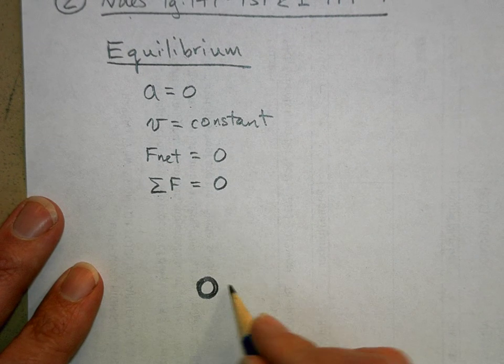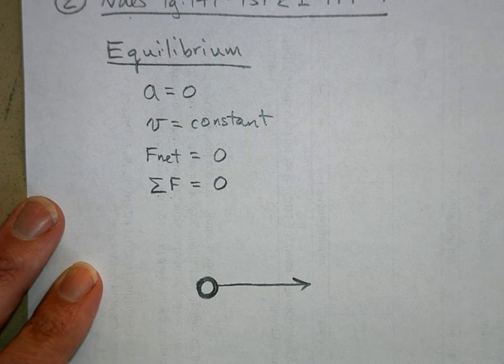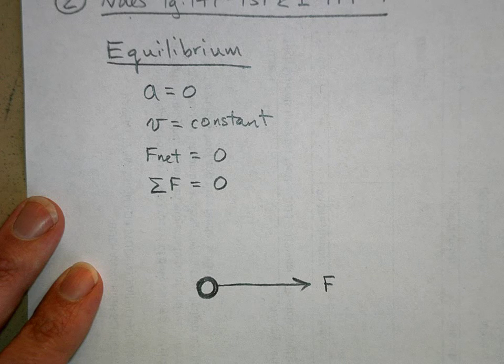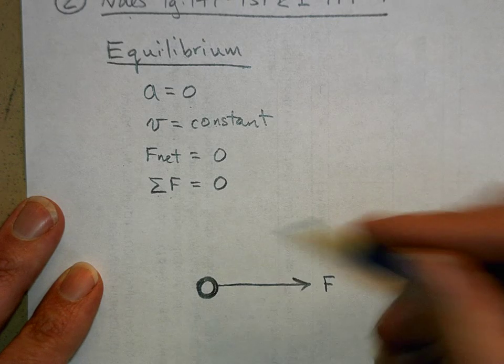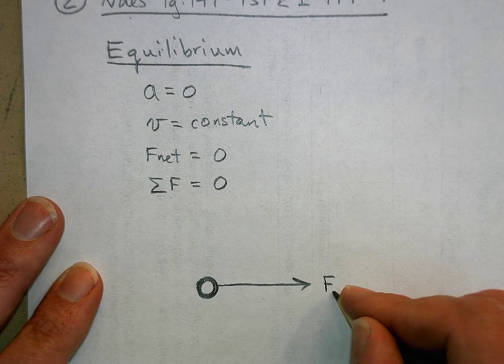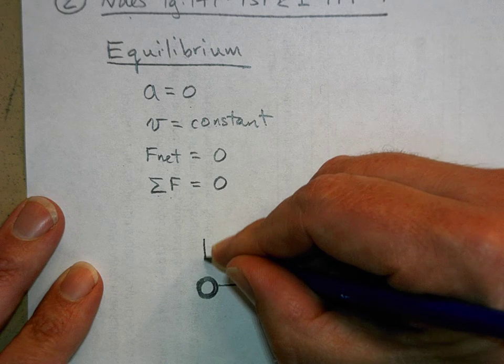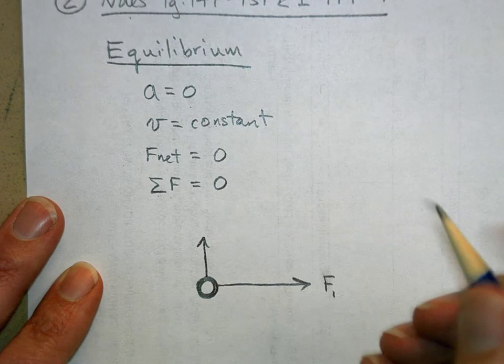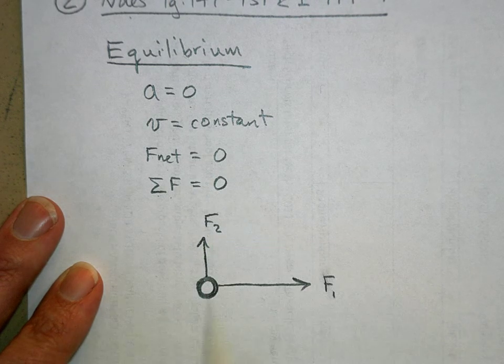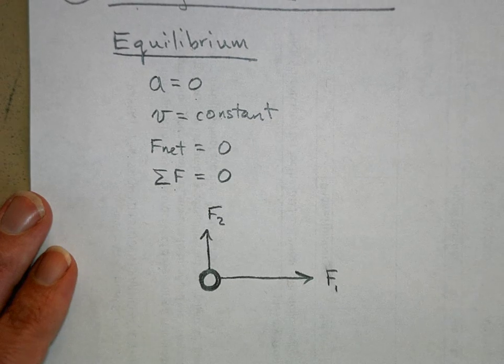But suppose I have a force pulling on it to the right, like this. And suppose I have a smaller force. We'll call this F1. And then I have F2 pulling on it up like this.